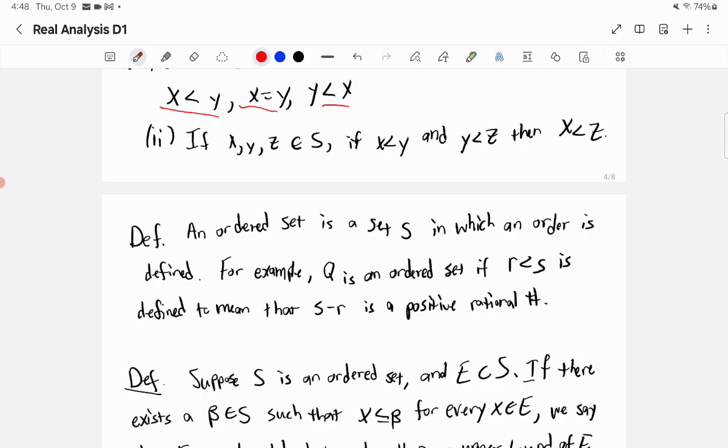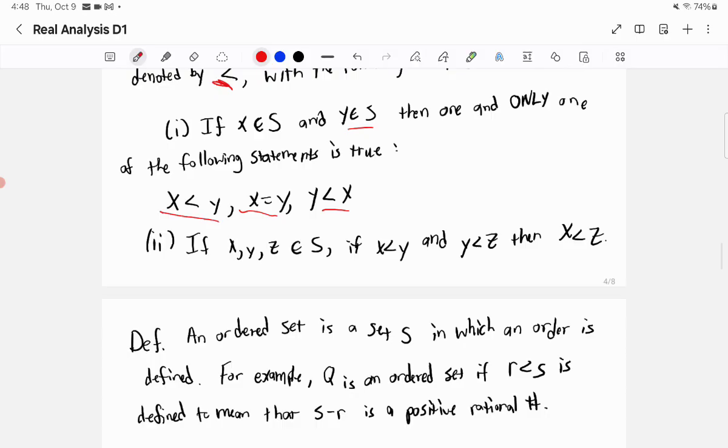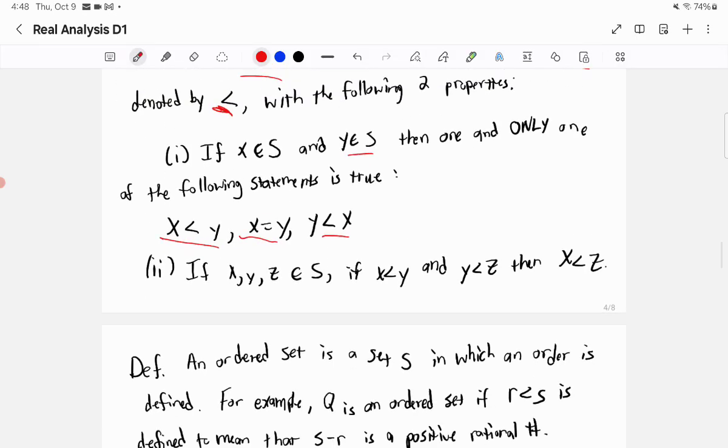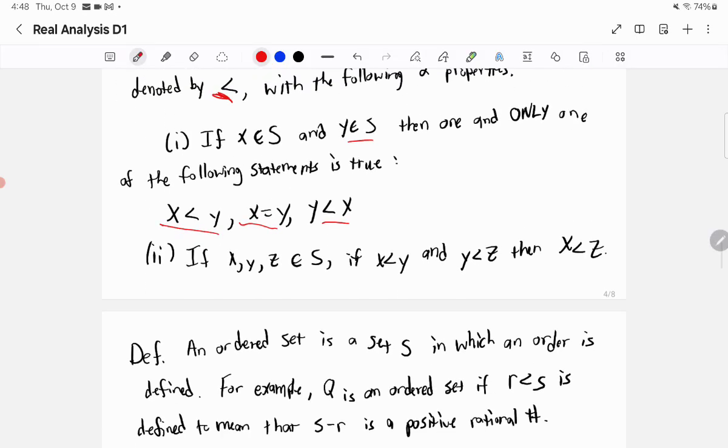The second thing that makes this an order on S is the transitive property. If I have x, y, and z in that set, and x is less than y and also y is less than z, this implies that x is less than z.